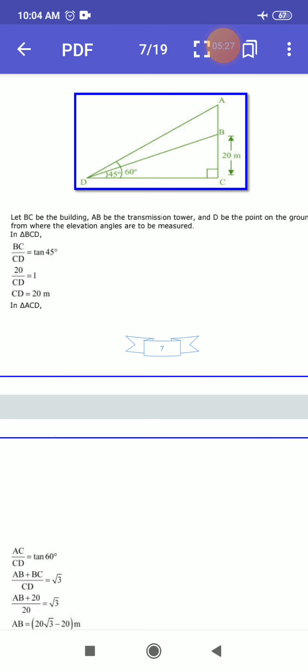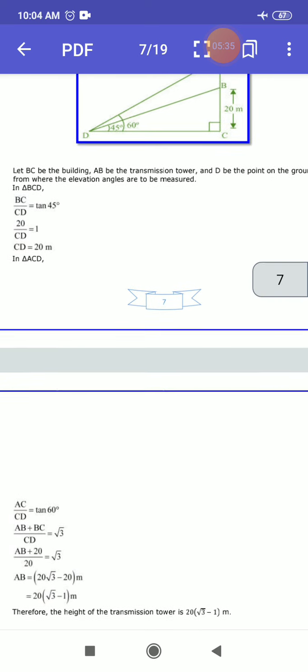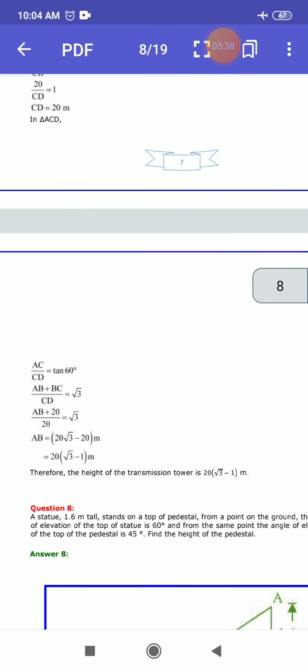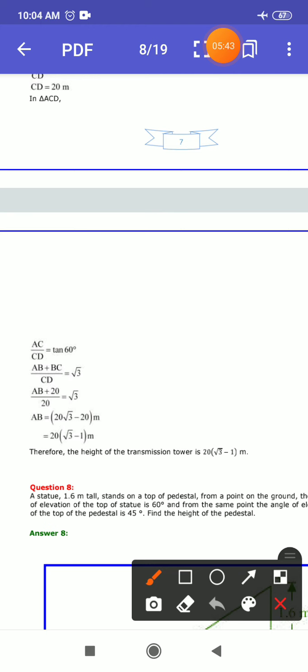This triangle helps in finding the height of the tower. In triangle ACD you very well know the perpendicular is AC and the base is CD. So AC upon CD is equal to tan theta, here tan 60.